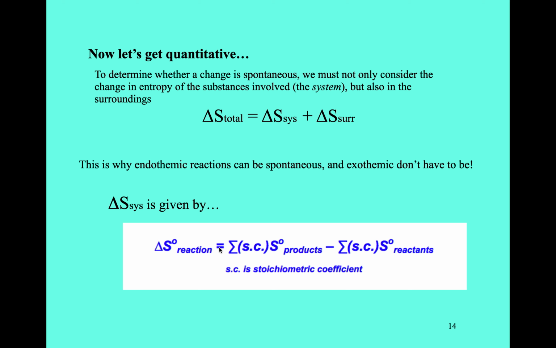So in this case, to work out the change in entropy of the system, the delta S system, we do the calculation: the sum of all the entropies of the products multiplied by their stoichiometric coefficient, so the number that's in front of them in the chemical equation, minus the sum of the entropy of the reactants. That's fairly straightforward. Where do we get these entropies from? These standard molar entropies, we get them from data tables.